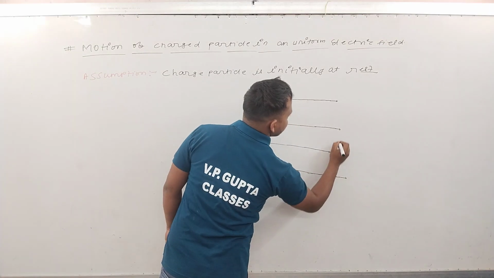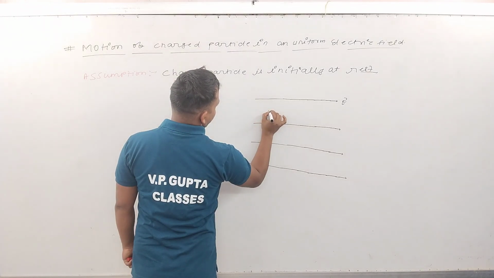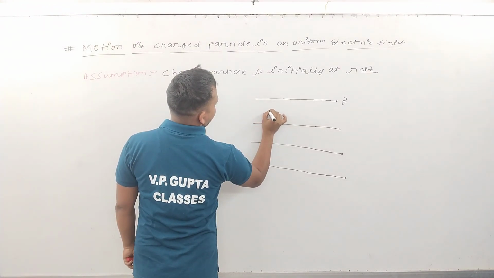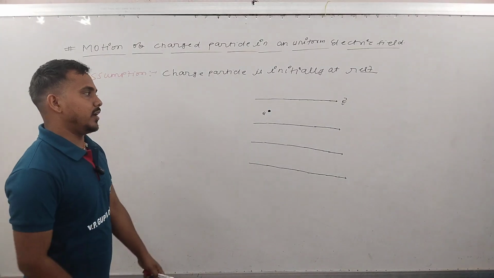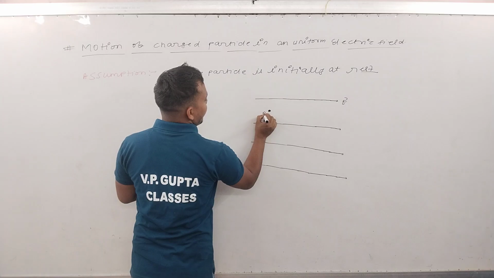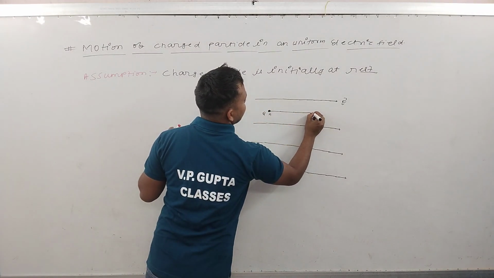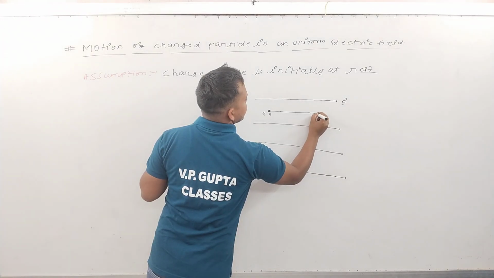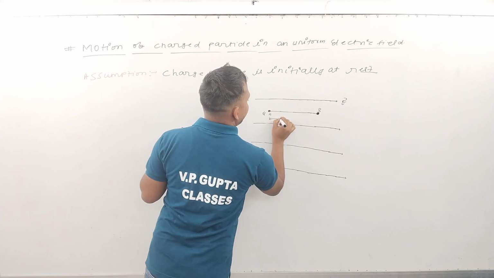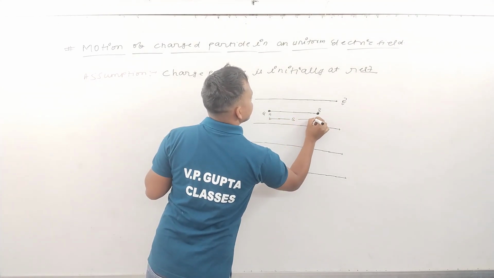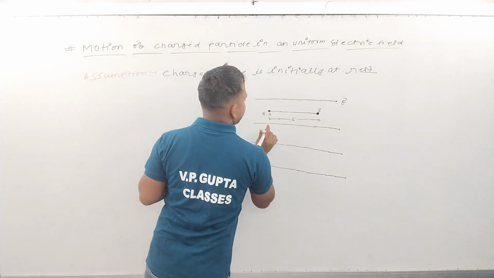Okay, this is the electric field, and we take a charged particle having charge q placed at a point A, and after some time it reaches point B, and the separation between these two points is s.